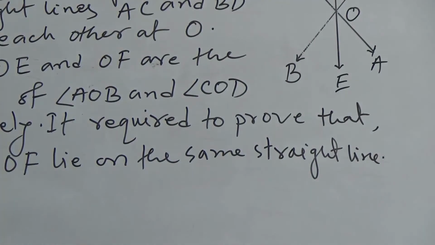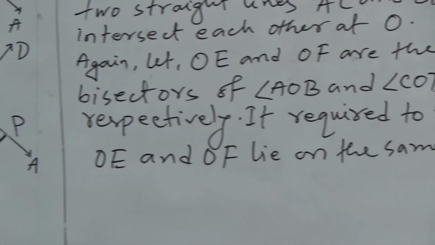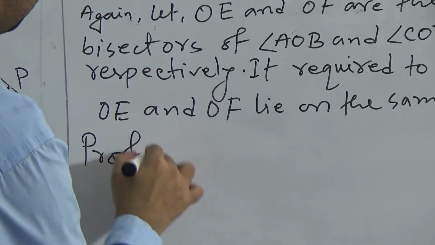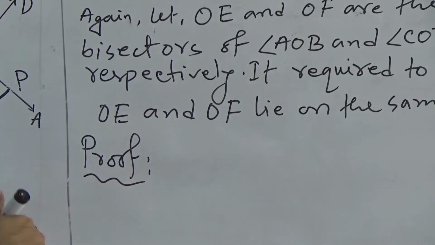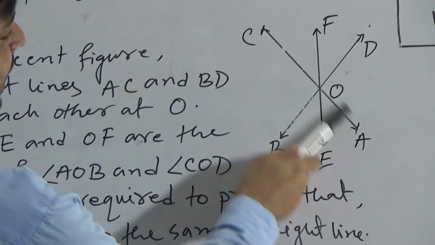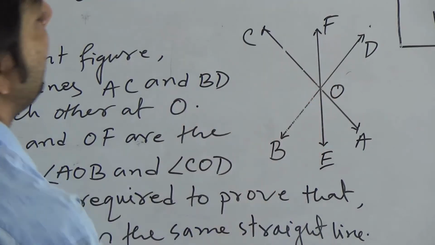Okay, dear students, now no construction needed here, so we can write the proof. Dear students, now see here, OE is the bisector of angle AOB and OF is the bisector of angle COD.